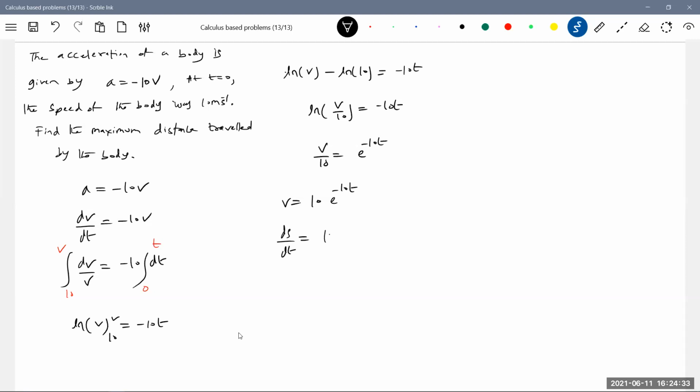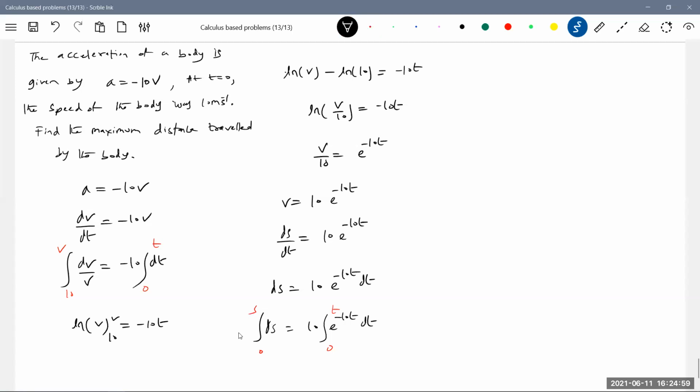It is asking for distance covered. Further, I'll write v as ds by dt, so ds equal to 10 e to power of minus 10t dt. This we will integrate further. Limits 0 to t, 0 to s.